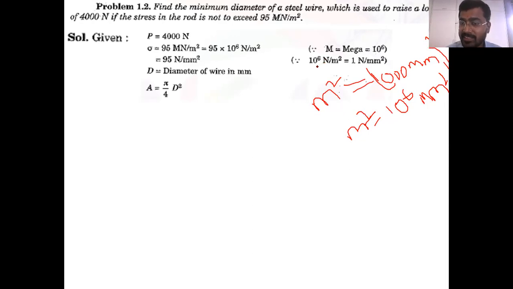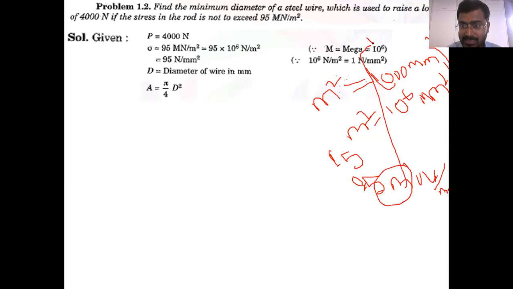That is the reason I have written 10 to the power 6 below. Yes or no? Here we have 95 mega Newton per meter square, and mega, as you already know, is equal to 10 to the power 6.